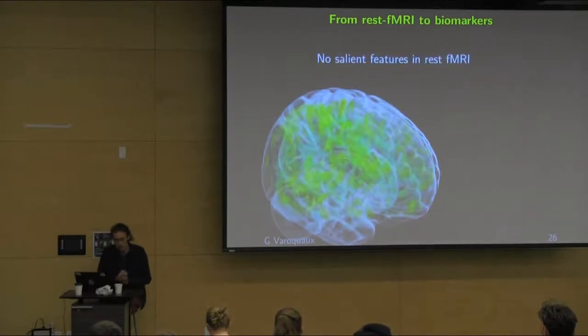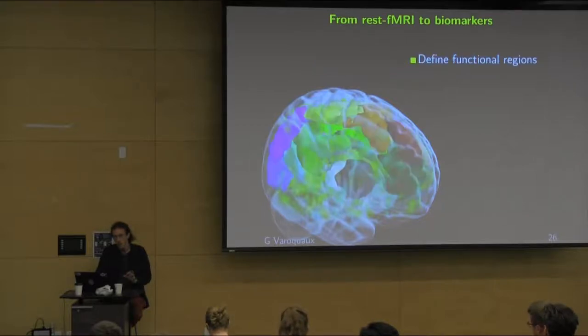The challenge that we face with resting state is that there is no salient feature in resting state. This is a typical resting state data. Basically, it's structured brain noise. So you need a pipeline of extracting information from it. And there's a pipeline these days that's somewhat universal that works as follows.